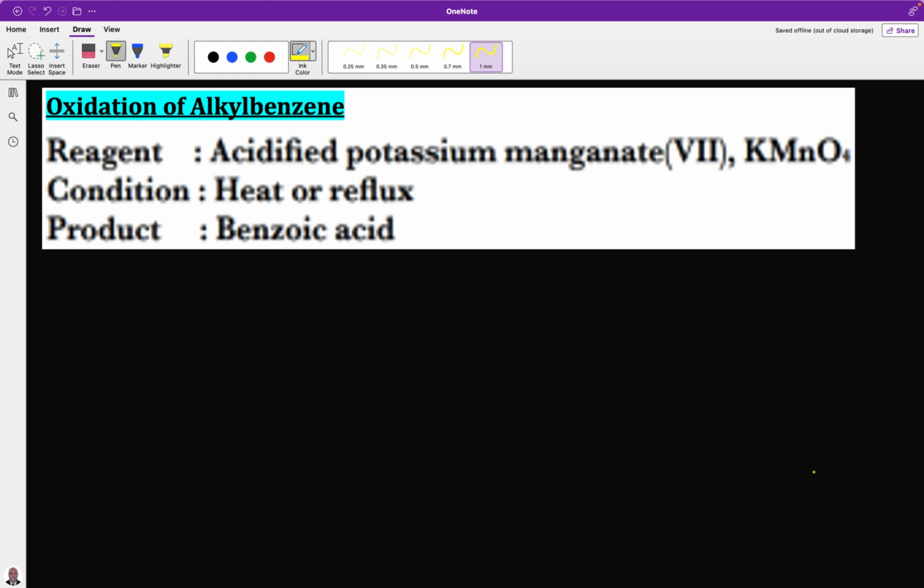So see how the whole thing goes. Let me write the equation for you, with methylbenzene as our example.